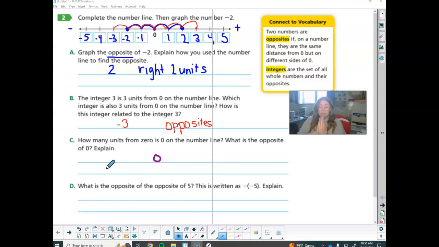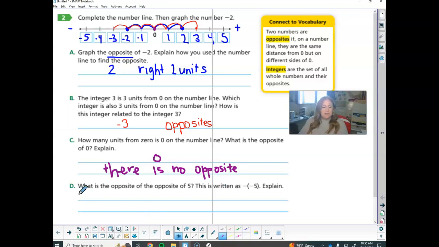It's just its own little thing right there. You're not moving anywhere. So, whoa, that is a crazy one. There is no opposite of 0. It's the only number that does not have an opposite because it's not positive or negative. It's very neutral in the middle. You can't move to go either way, so there's no opposite of 0.